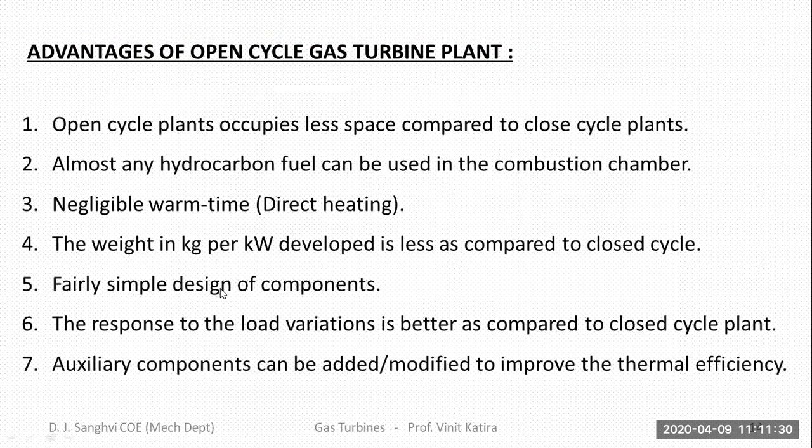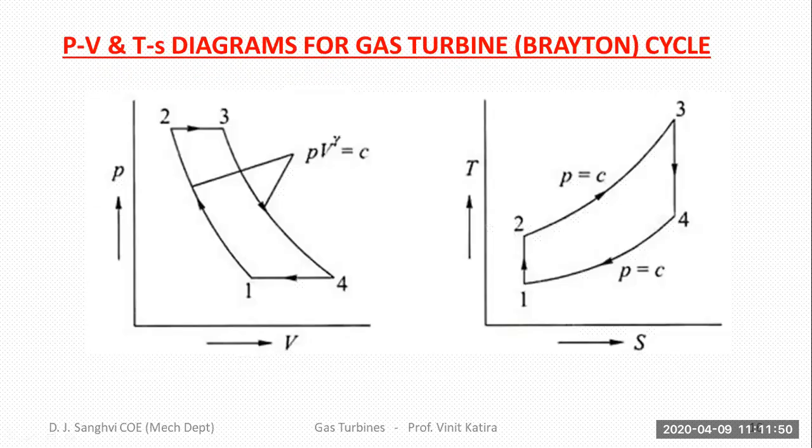We had also discussed the advantages and disadvantages of open cycle gas turbine power plant, and we had come to a conclusion that the open cycle gas turbine power plant is more proficiently used because it includes direct heating, and of course it occupies lesser space.